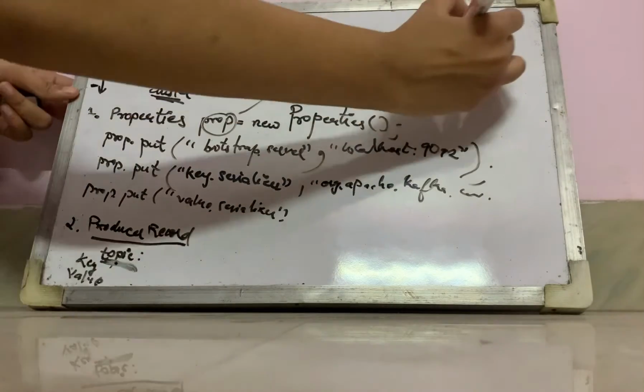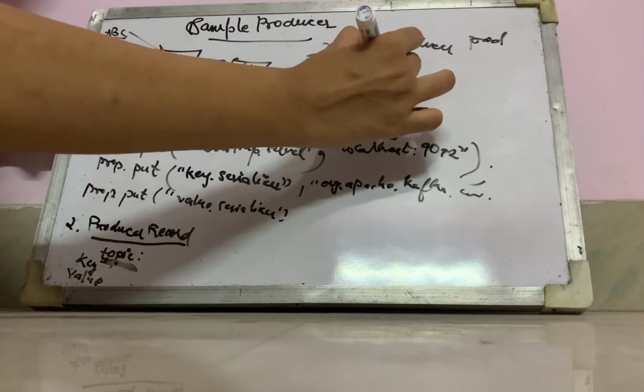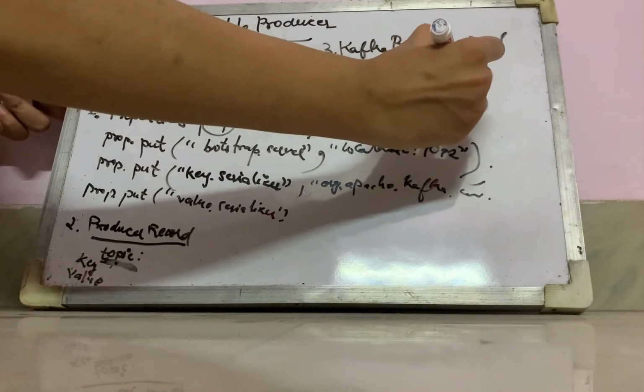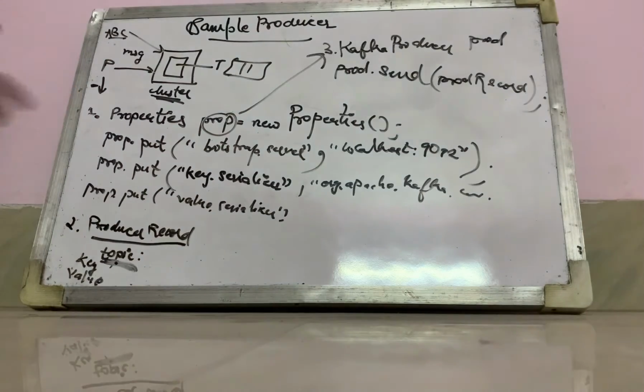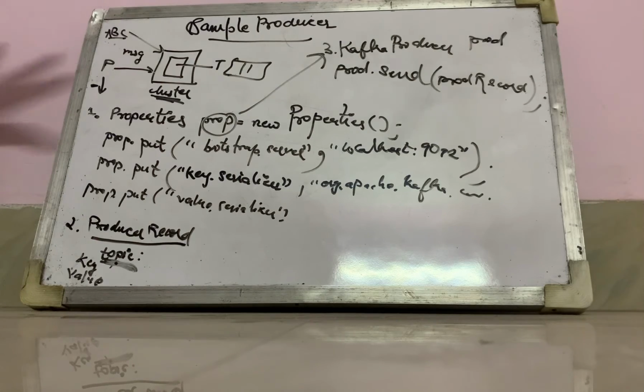And then this Kafka producer will use the send API and send our producer record object, which will have our message and the topic. So these three things we need to make our Kafka producer send a message to the Kafka server.